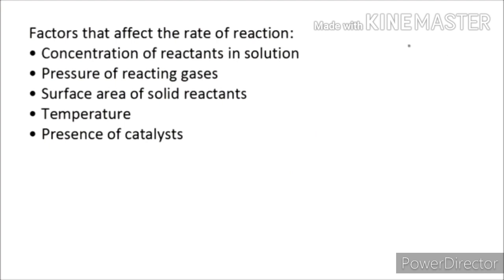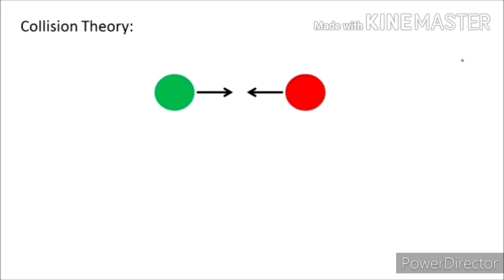So the two things, that is collision theory and activation energy, will explain how a reaction happens in the first place. A chemical reaction can only happen when reacting particles collide with each other. In the figure you can see two particles, one shown by green color and one by red color.